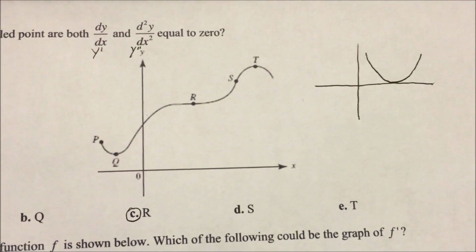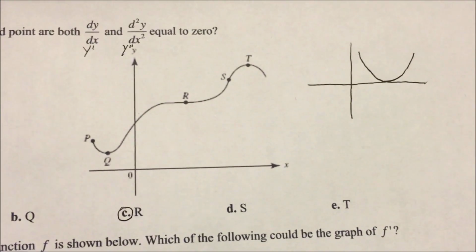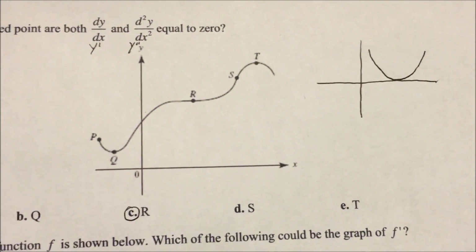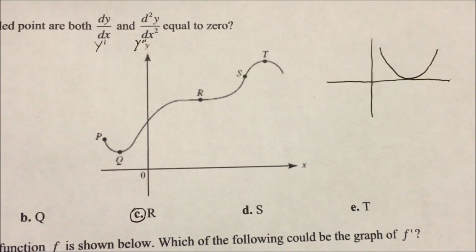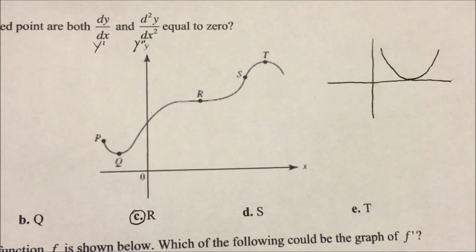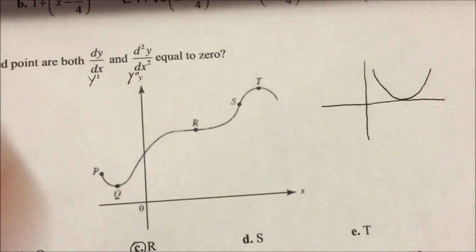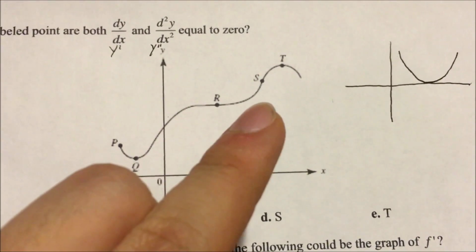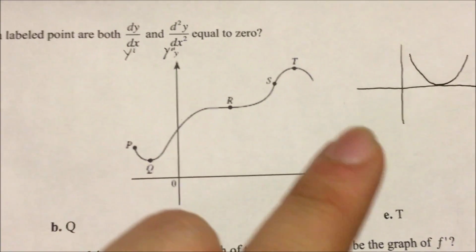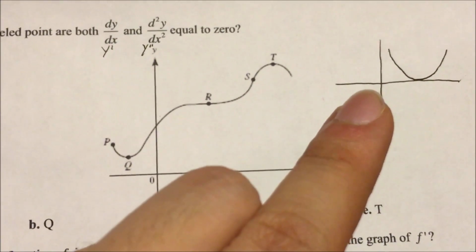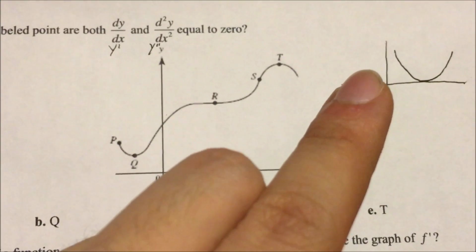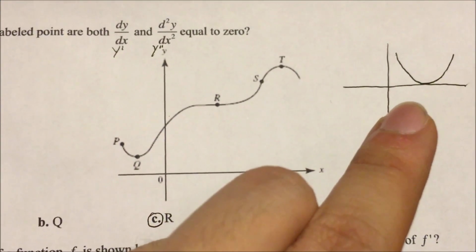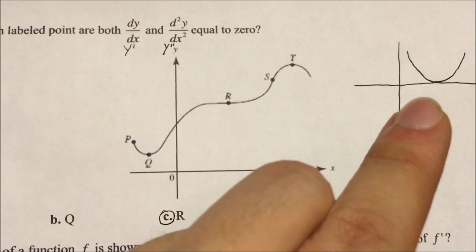Another way you can look at this question is by drawing the graph of y prime at the point R. Basically, because the graph here is constantly increasing at point R, you want to draw something like a parabola where at first it's downward sloping and then upward sloping to create a local minimum here.